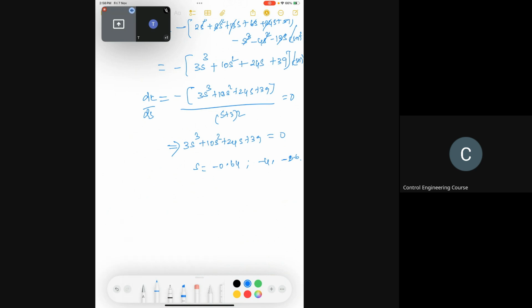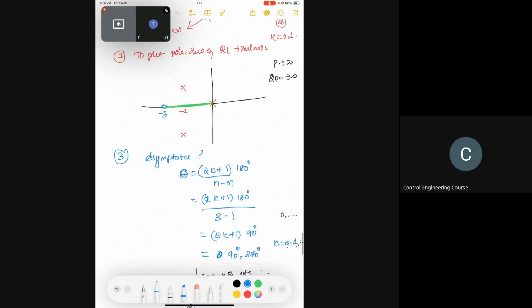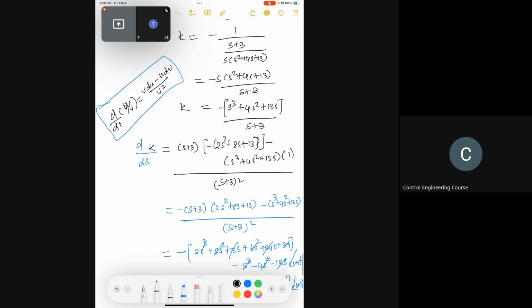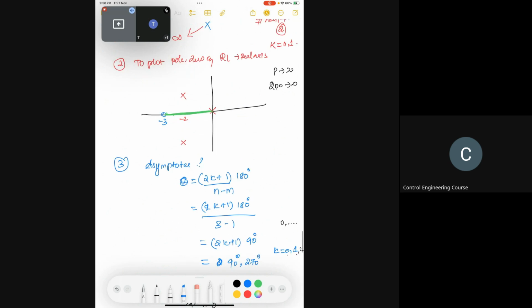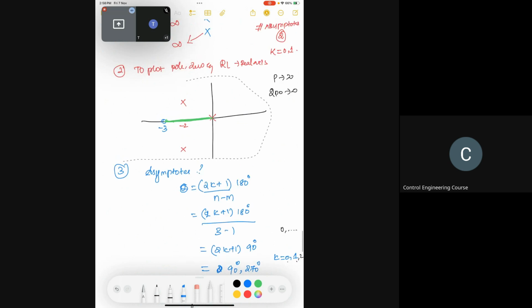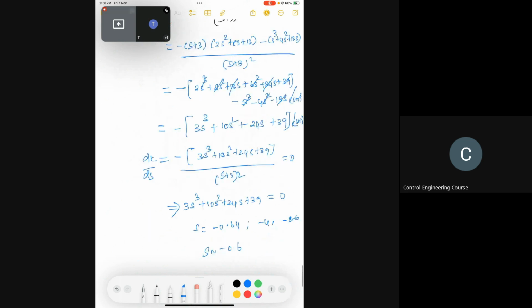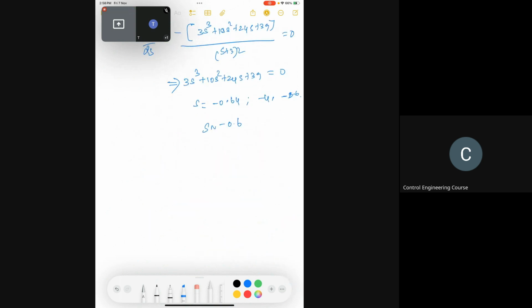So out of this root locus, only that 0.56, around 0.6, I'm taking. Minus 0.6 is in the root locus location. So I am going to take that as a breakaway point since it is between two poles.